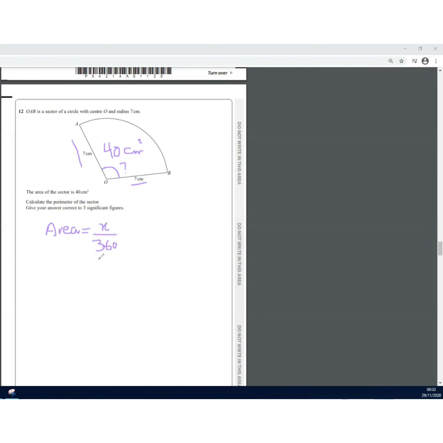Hence, x will be divided by 360 times the area of a circle, which is pi r squared. So to find out x, we're given an area, which is 40, is equal to x divided by 360 times pi times radius squared, which is given as 7.